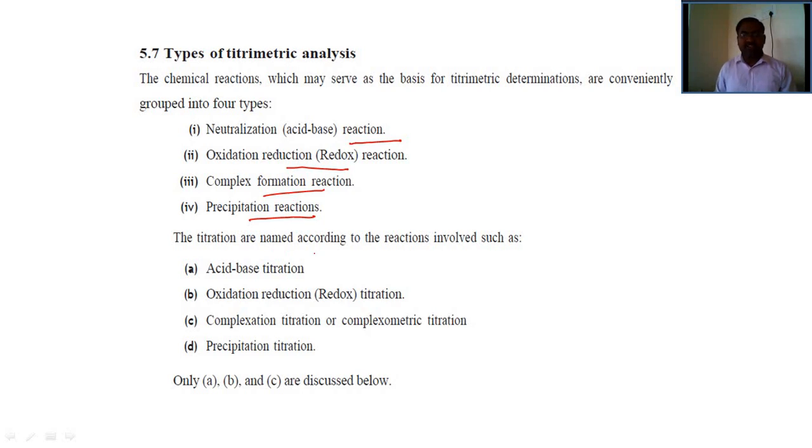The titrations are named according to the reactions involved, such as acid-base titrations, oxidation reduction titrations, complexation titrations, and precipitation titrations.